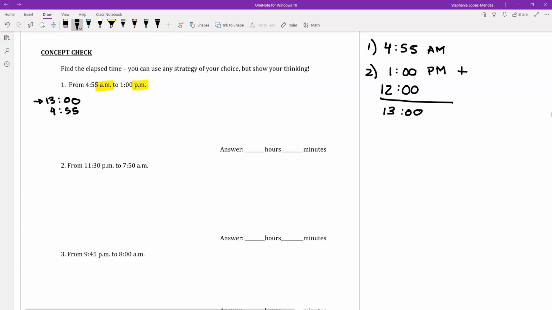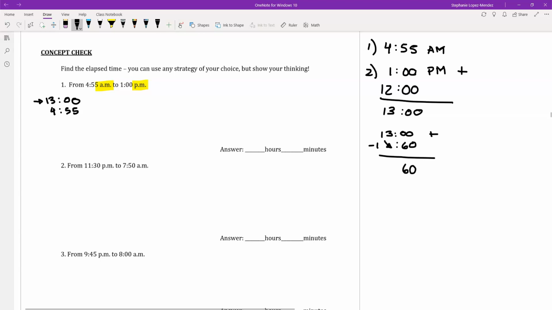So remember, in our previous example, we borrowed 60 minutes. So if I had 13 hours and I add 60 minutes, how much do I have? Okay, so 0 plus 60 is 60. But I just converted 1 hour of the 13 into minutes.